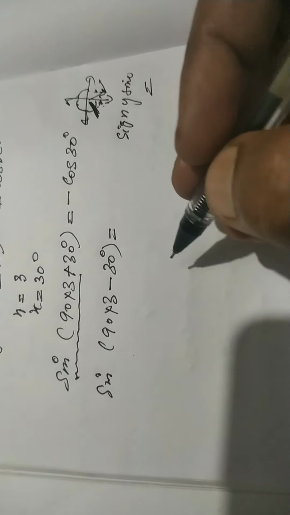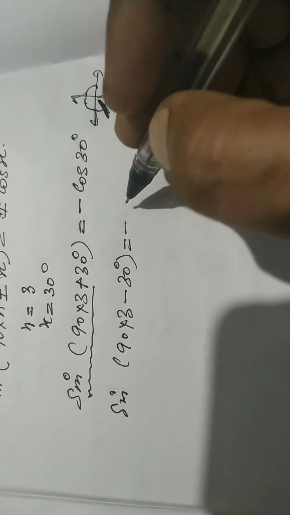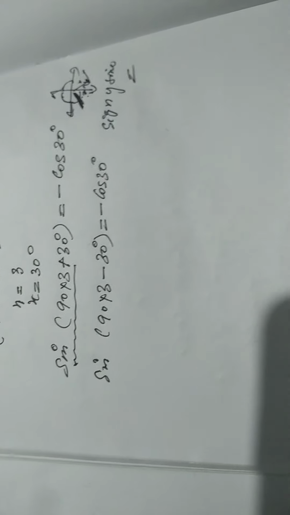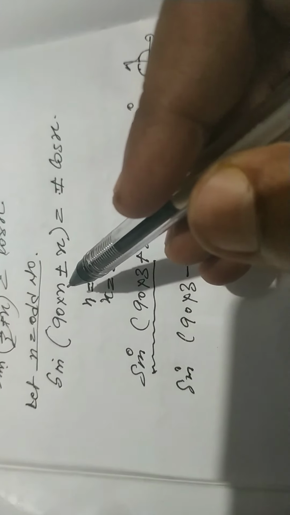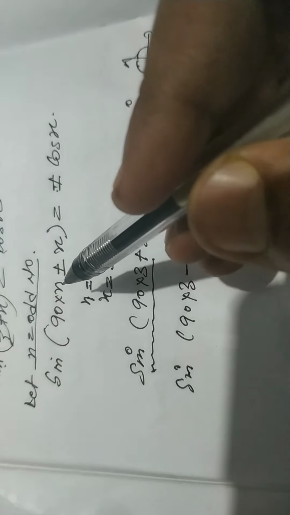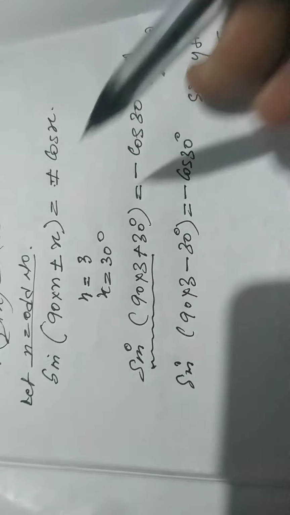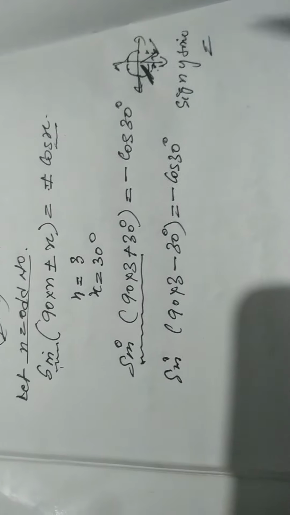So it lies in the third quadrant. In the third quadrant sine is negative, and it is cos 30° in both cases, so we write plus or minus cos x. If n is odd, we first look at n, then check the quadrant and the sign of the left-hand side.